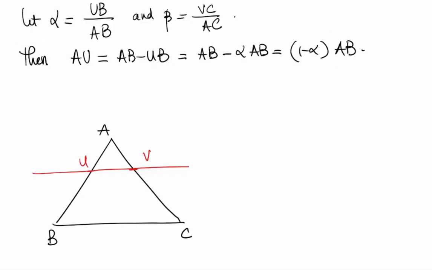Now let alpha be UB over AB. So this will be UB over AB. And then we let beta be VC, which will be this, over AC.